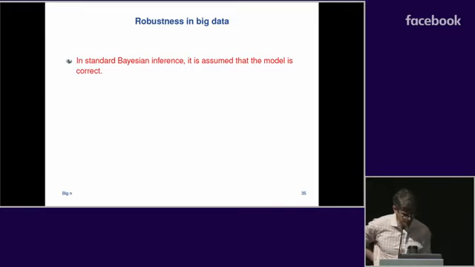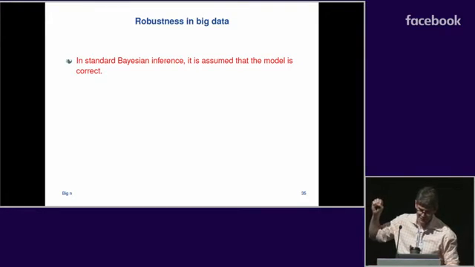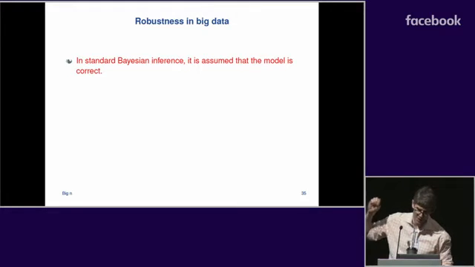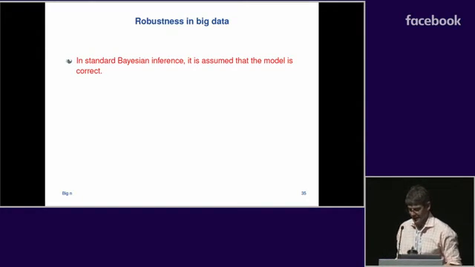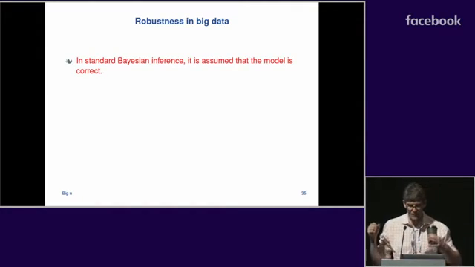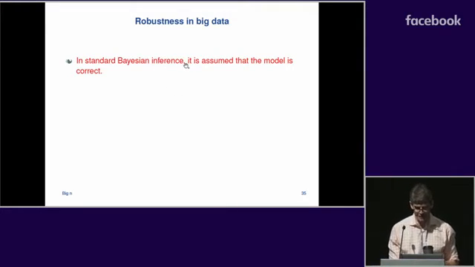These approaches, approximate MCMC and EP MCMC, are focused on providing algorithms for scaling up MCMC, in a practical sense, to large data problems. But we're trying to approximate the exact posterior distribution. One thing we might worry about is that the exact posterior distribution might not be very robust in large sample problems, because in standard Bayesian inference, as in other model-based inferences, it's typically assumed that the model is correct.